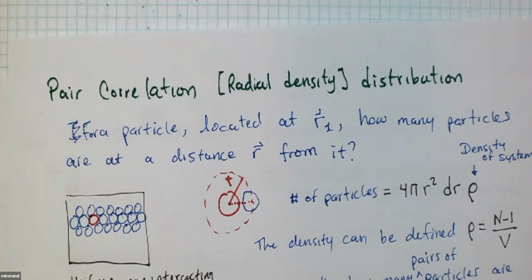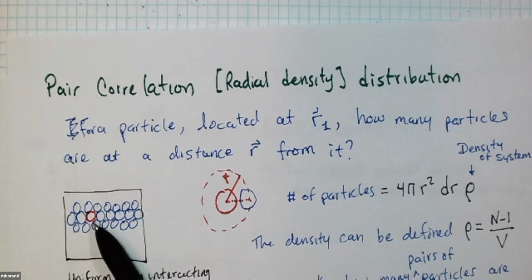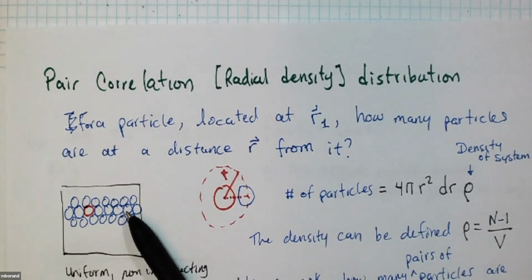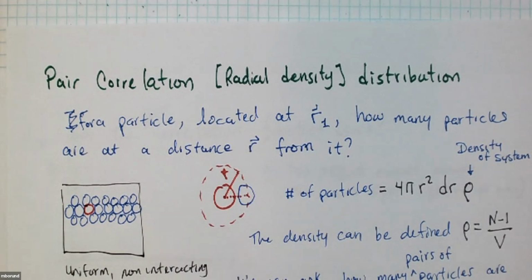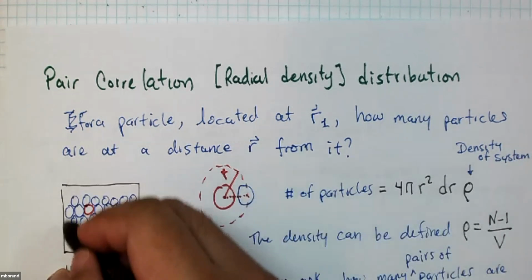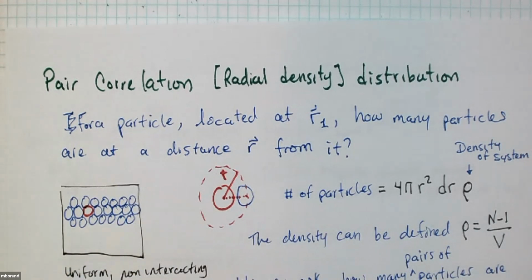I pick a random distance from this point, the center of this particle, to here. How many pairs are at that distance? Maybe two, maybe one. So you start picking distances r and figuring out how many pairs you have. As you go to very far away distances, you should always have one. There's at least one pair there. It doesn't matter the direction, it's just a distance r away.